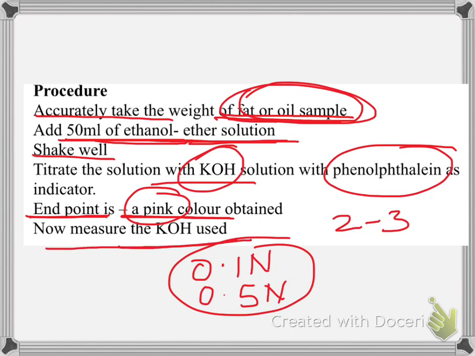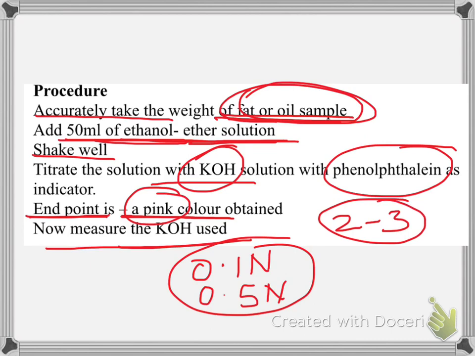So first of all, we take the weight of the sample, that is fat or oil sample, into a conical flask. Then add 50 ml of ethanol and ether solution and shake well. Then titrate the solution with potassium hydroxide by adding 2 to 3 drops of phenolphthalein in the conical flask.